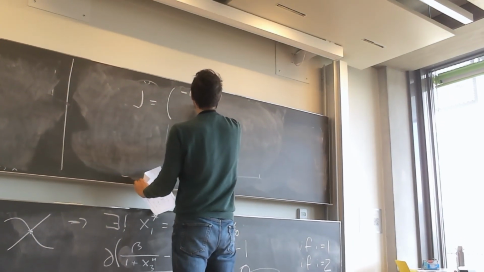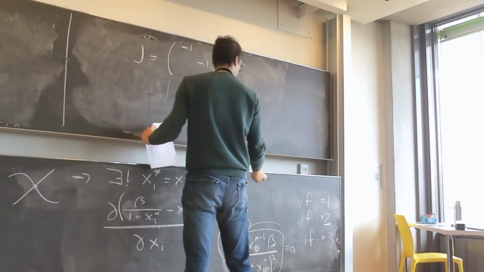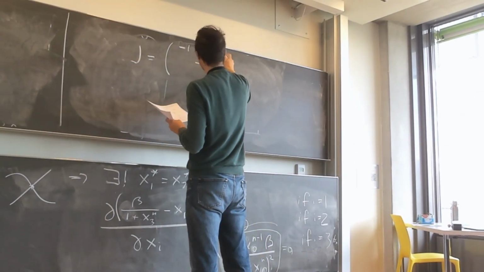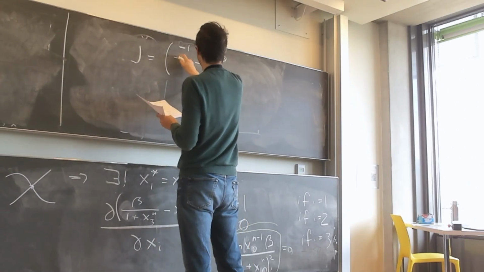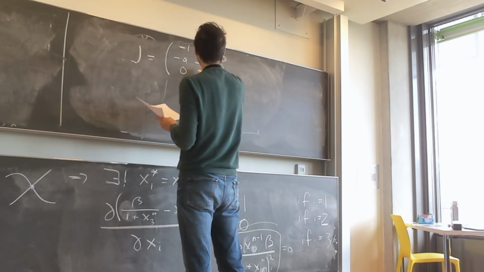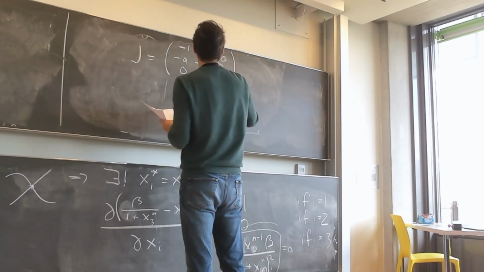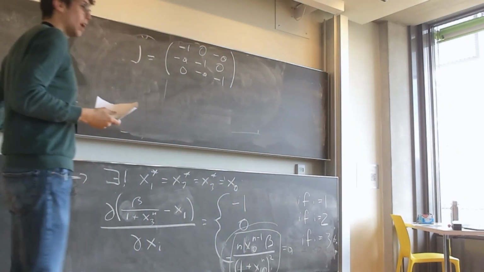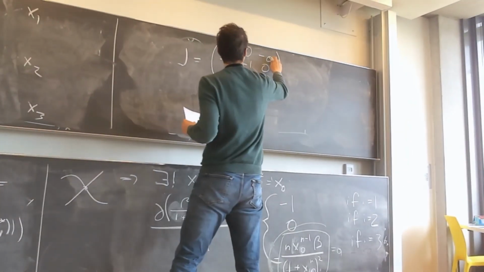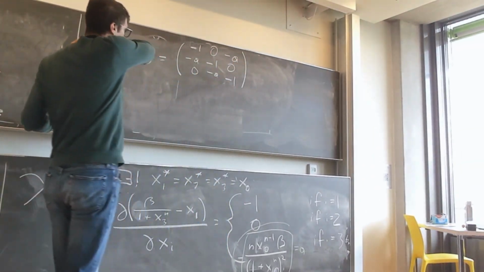So in the diagonal, we have minus 1s. Here we have 0, minus A, minus A, 0, 0, minus A. Okay. A is kind of complicated, but let's just write it like this for the time being. No, 0 is an A.